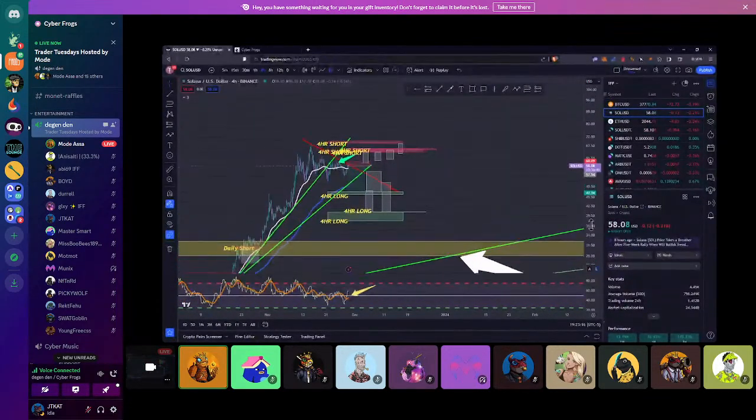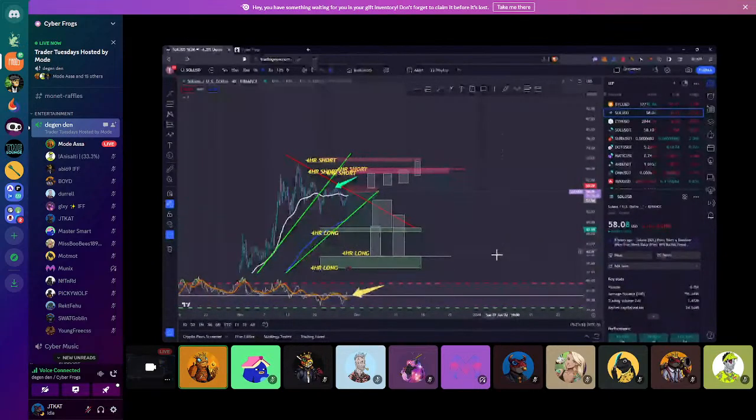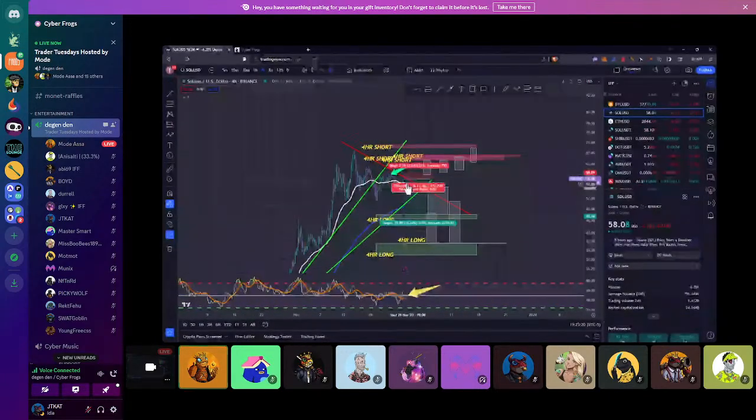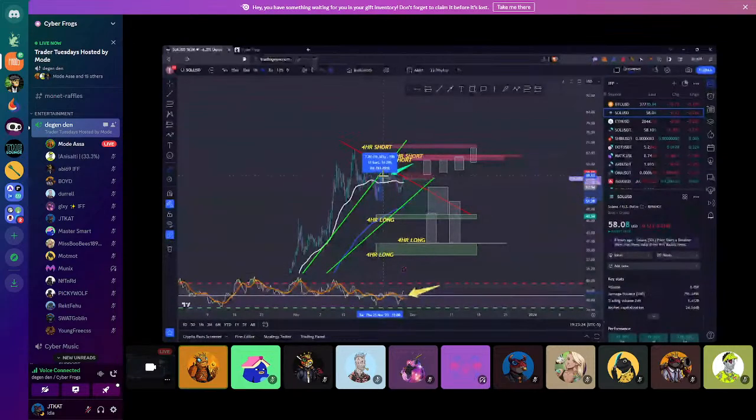So remember, time frames, understanding time frame. Are you trying to make money off of this pump? Are you trying to get 15% off that pump, which would be a 15-minute or a 1-hour Thor call?